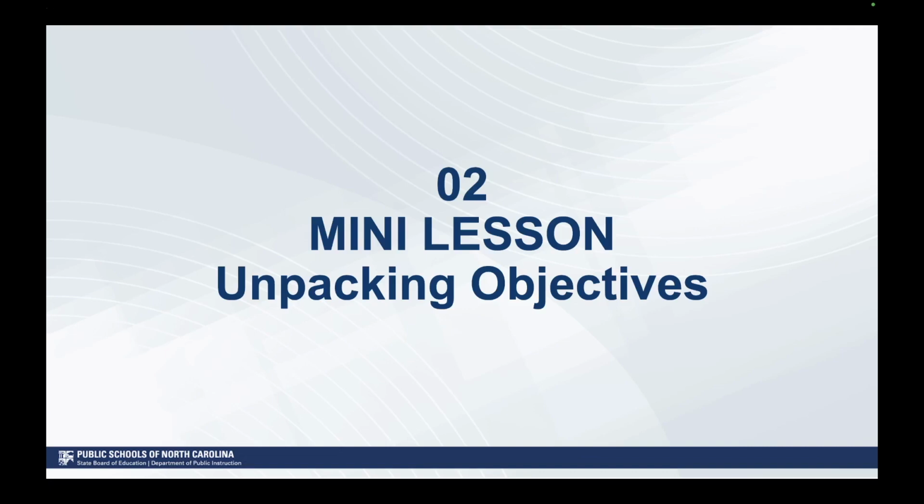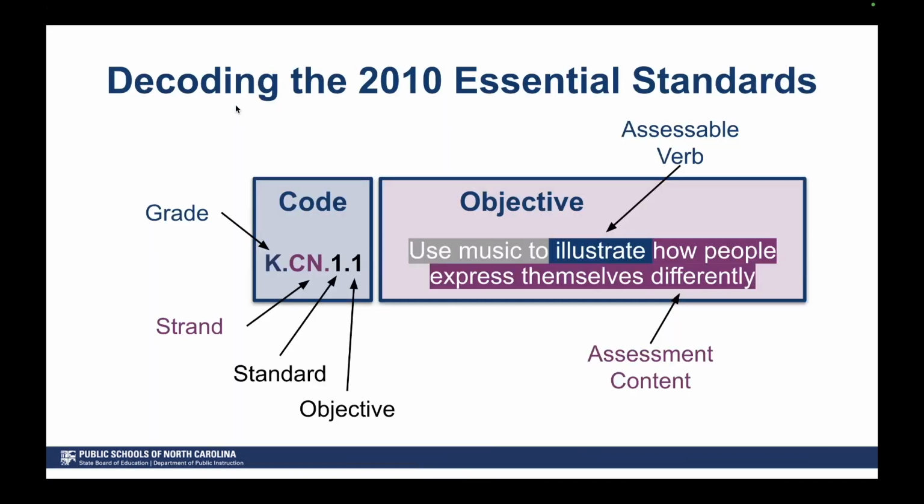All right. So in the 2010 Essential Standards, the code came first, representing the grade, the strand, the standard, and the objective in this alphanumeric code. Following that came the standard or the objective in what's called SVO form, subject, verb, object, which I think is funny because we actually never use the subject in our writing.